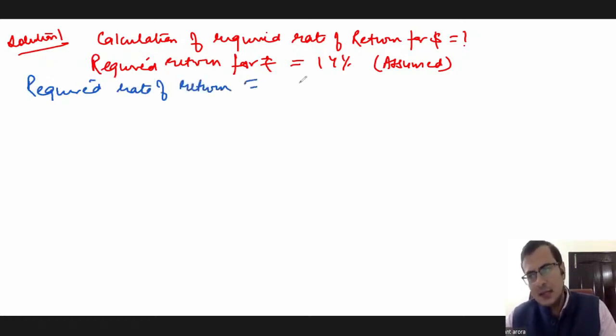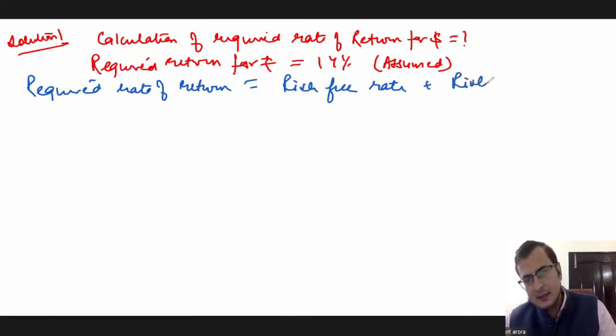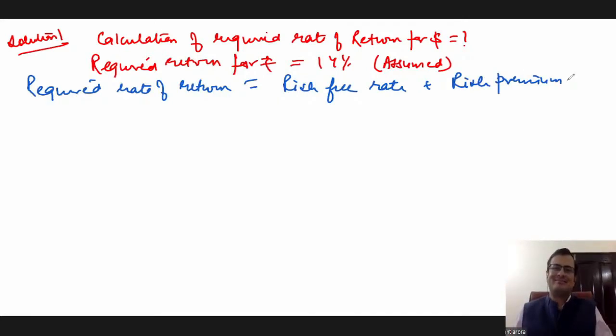Required rate of return comprises two things. Number one is the risk-free rate, plus the risk premium. Sir, how do we calculate that?